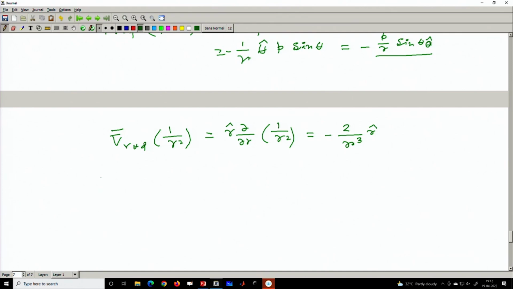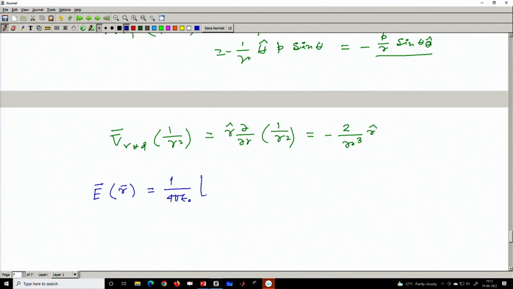So, the overall E I can now write as a function of r, and that is 1 by 4 pi epsilon 0.